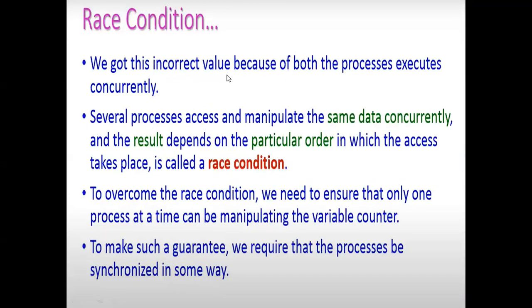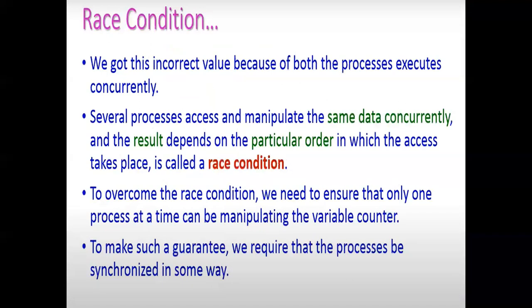We get this incorrect value because both the processes execute concurrently. When several processes access and manipulate the same data concurrently, and the results depend upon the particular order in which the access takes place, it is called a race condition.